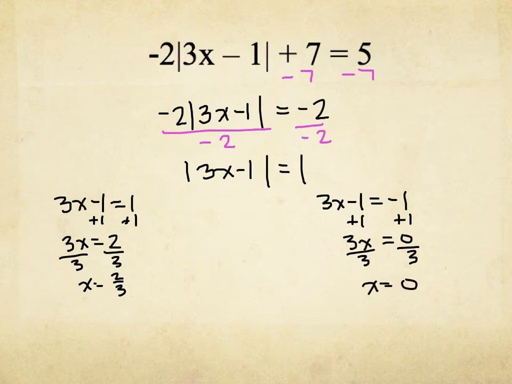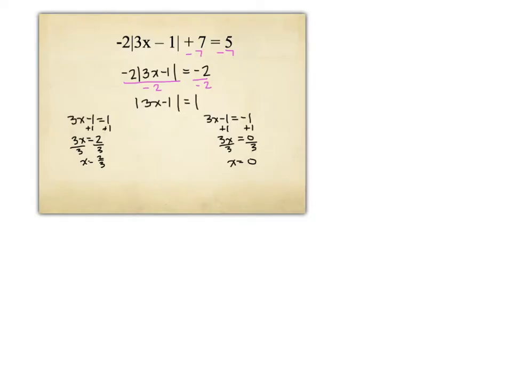Okay, now I'm going to go back and check my solutions. I need to give myself a little bit more room. So I have -2 times the absolute value of 3 times 2/3 minus 1, closed absolute value, plus 7 equals 5. Can cross simplify here.